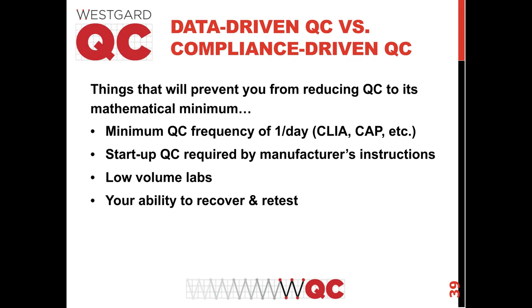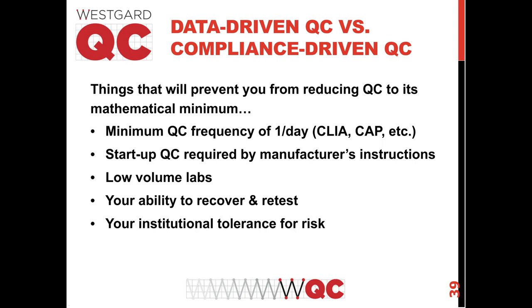Another thing you should take into account is what's your realistic ability to recover from a failure. If the math says you could go 1,000 patient samples, but your ability to retest or recall or make corrections to a number of test results is not 1,000, then you're going to have to keep your QC frequency shorter than what the math tells you.